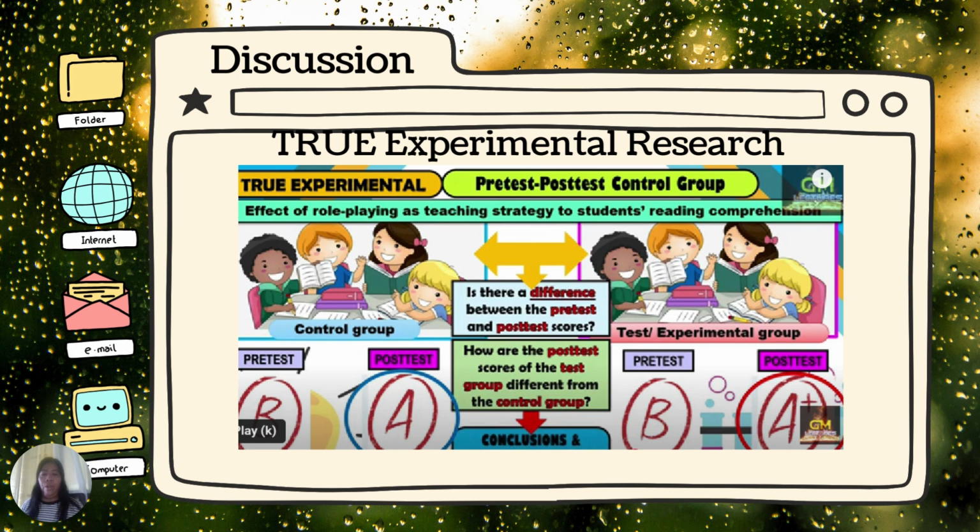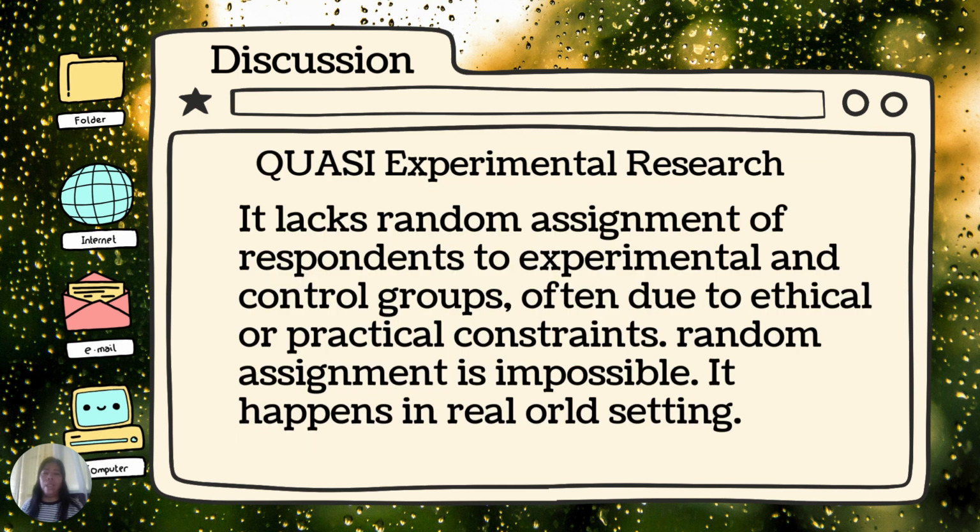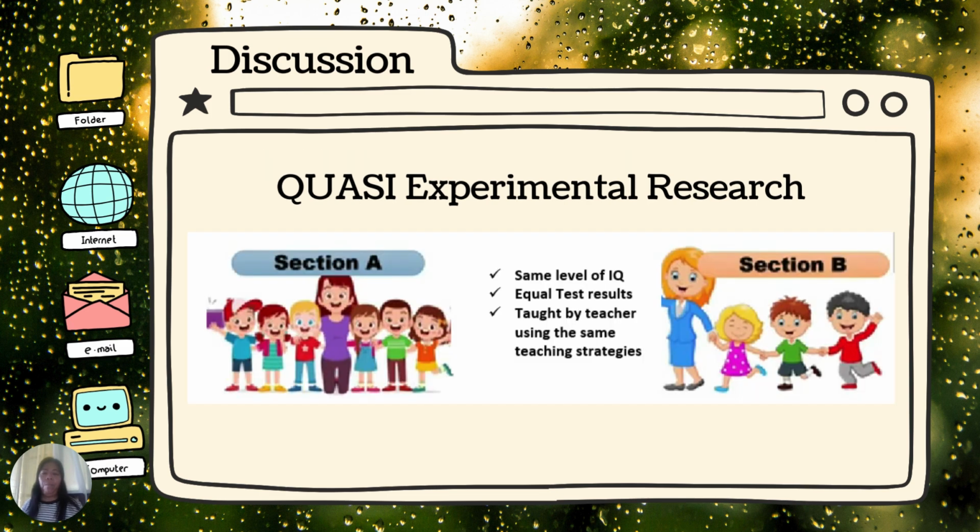Okay. So next, the quasi or quasi experiment lacks random assignment of respondents to experimental and control groups. Often due to ethical or practical constraints, random assignment is impossible. It happens in real world settings. Okay, so when we talk about quasi experiment, obviously, this is a kind of experiment where we are trying to justify what was conducted in the true experimental study.